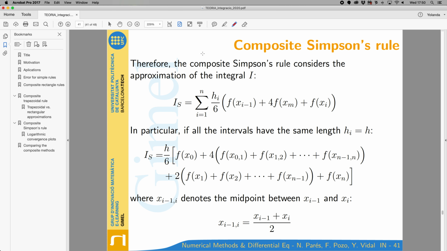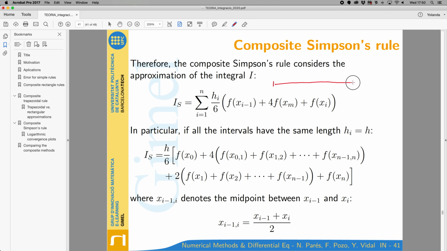So the expression to approximate the integral is the following. We will sum from 1 to n the expressions that we got for the simple rule method, and we will add them together and we will get this formula. I think this is very important, so I will try to plot it.